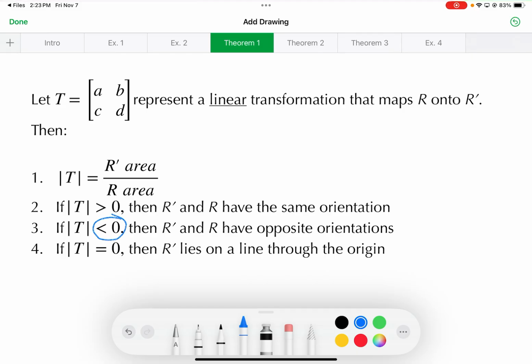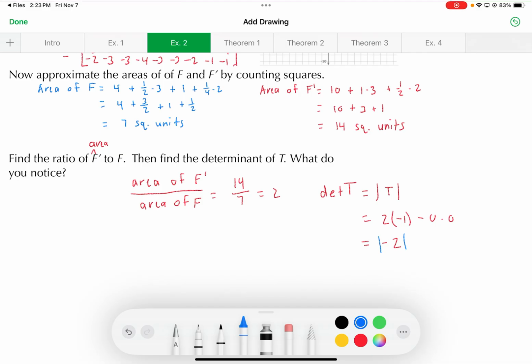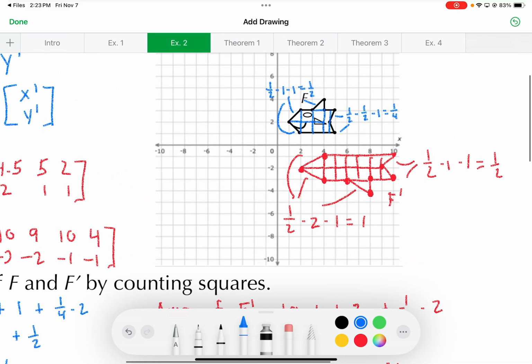So notice it says when the determinant is less than 0, the image and the pre-image have opposite orientations. So if we go back, we can verify that. The first fish was obviously facing up. The other fish, after we found F prime, is facing down.